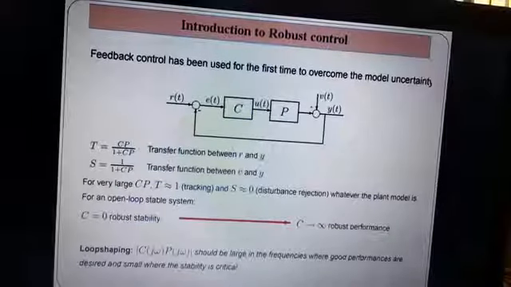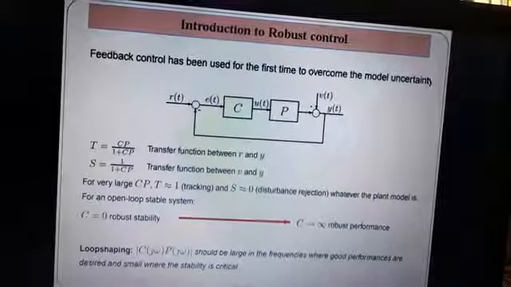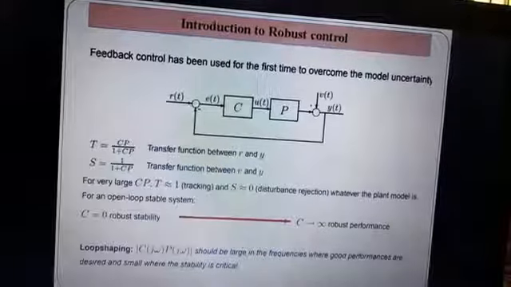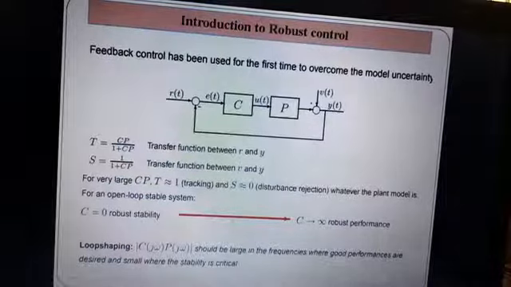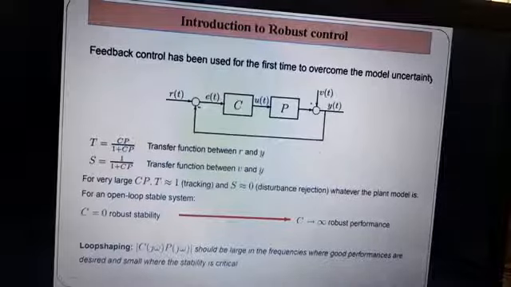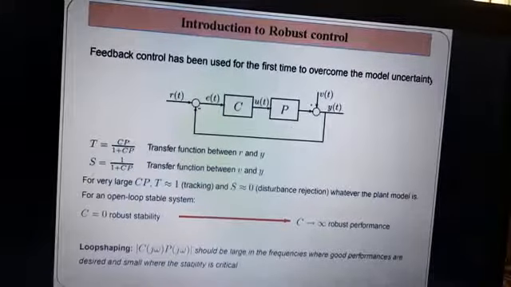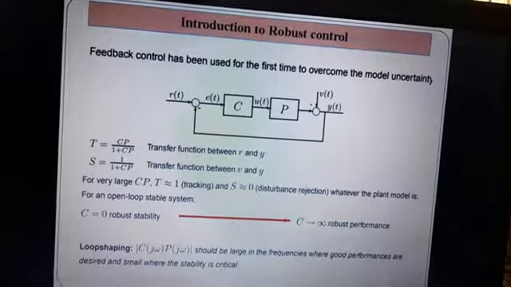So with the presence of modeling uncertainty and disturbance, if your system attains stability, then we call this control problem robust stability.